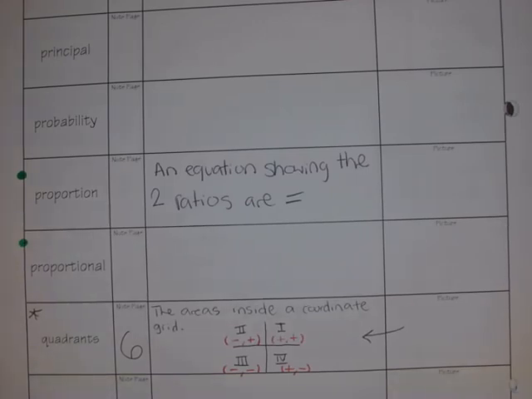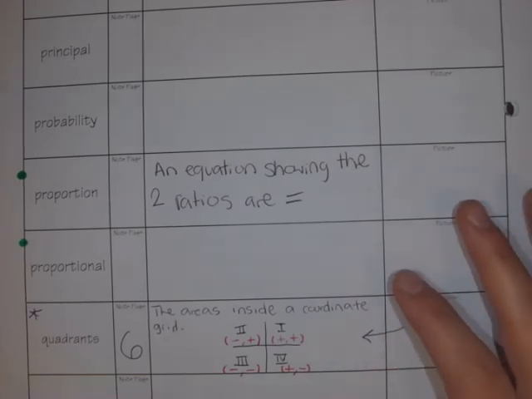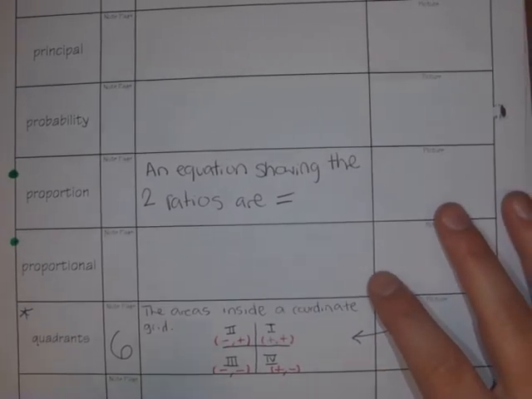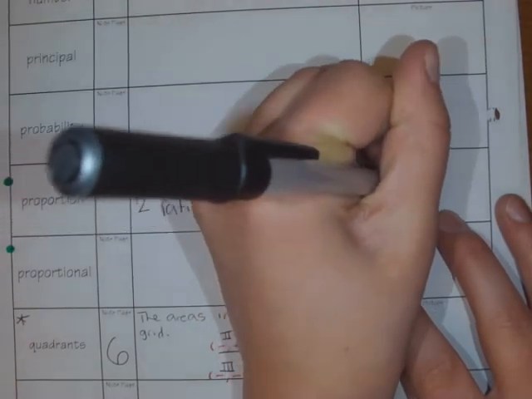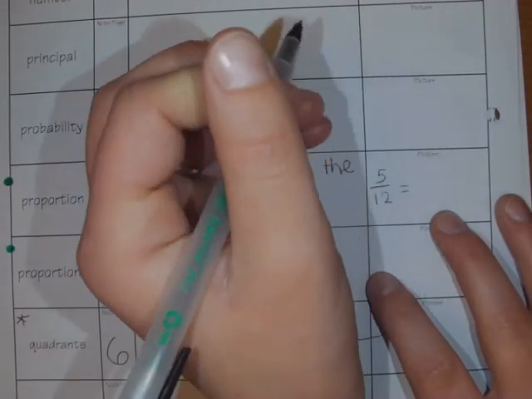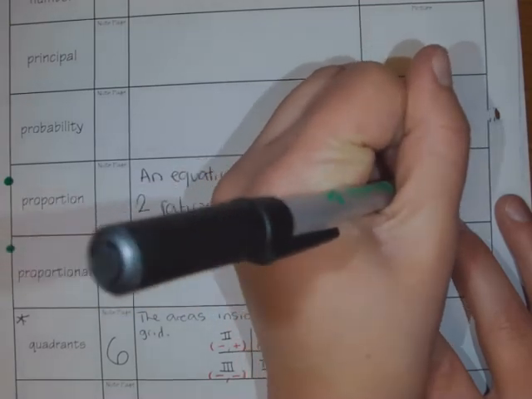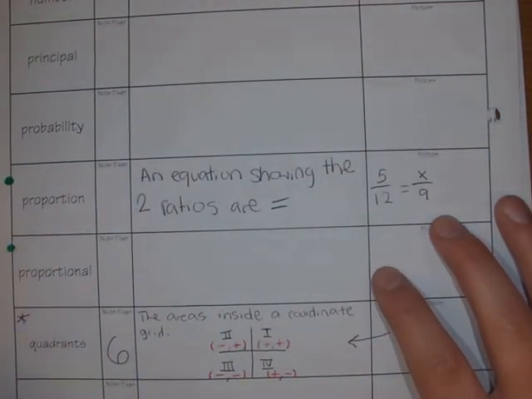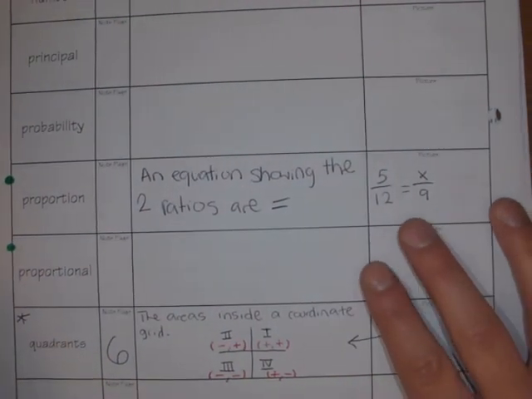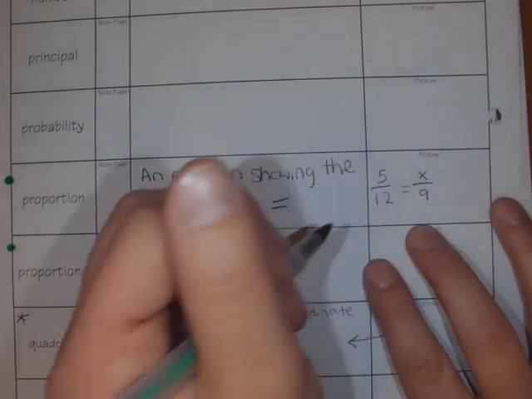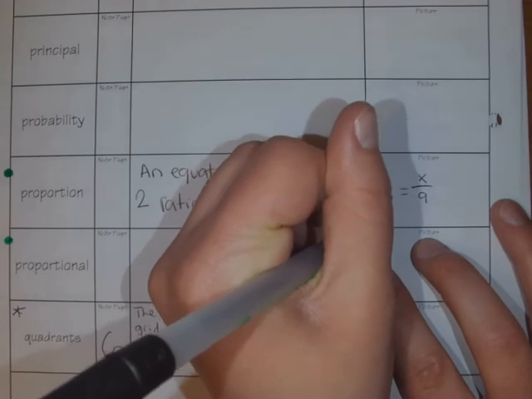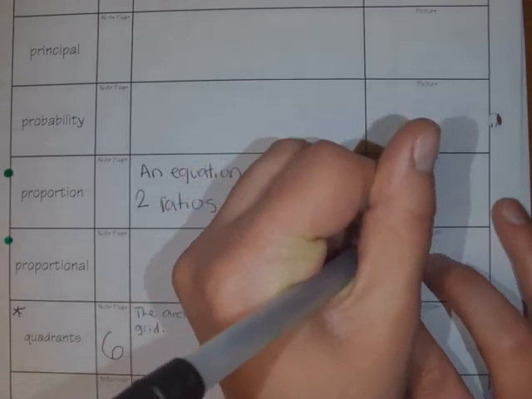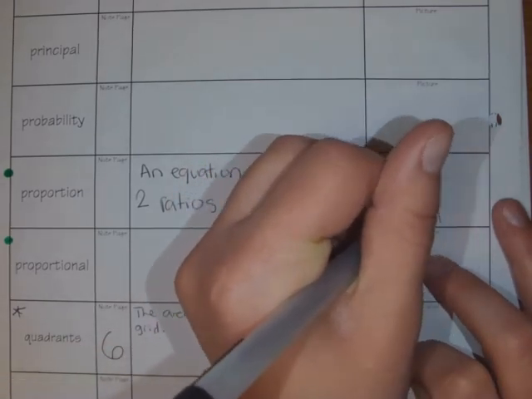And so, for example, you have 5/12 equals x over 9. And then you are solving for x to make these equivalent or equal. Okay? So the ratio is equal to the ratio.